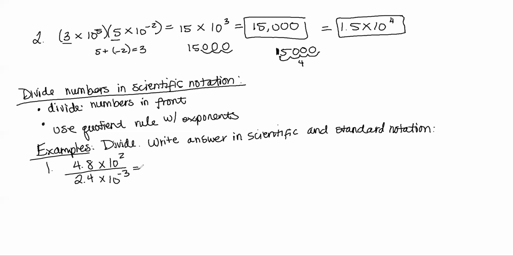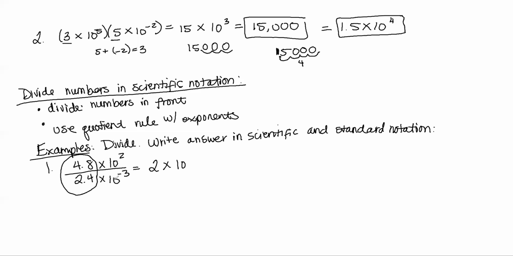So first thing I'm going to do here is divide the numbers in the front. So 4.8 divided by 2.4 is a nice even 2. Times 10 to the, we want to subtract our exponents because we're using our quotient rule. So now this is one where we can't really use the move around the term.